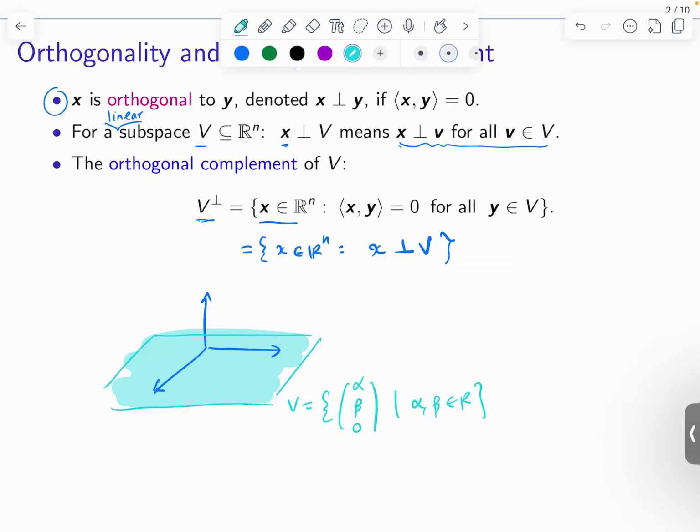Great. So a linear subspace is a subset of a bigger space, where the bigger space is a linear space, like a vector space. A subspace is called linear if it contains 0 and it's closed under scalar multiplication and vector addition. If two vectors are in the same set, then their sum is in the same set.